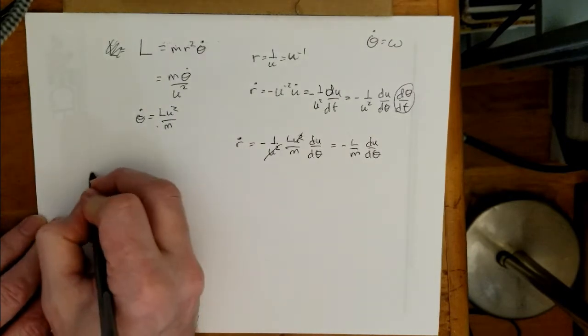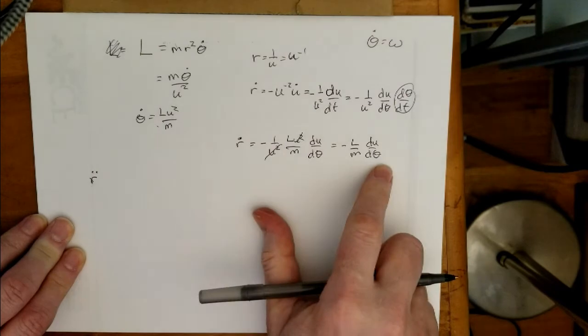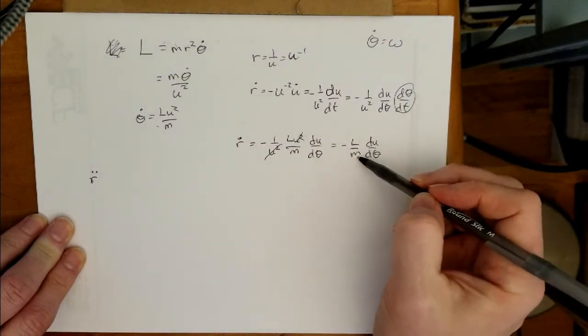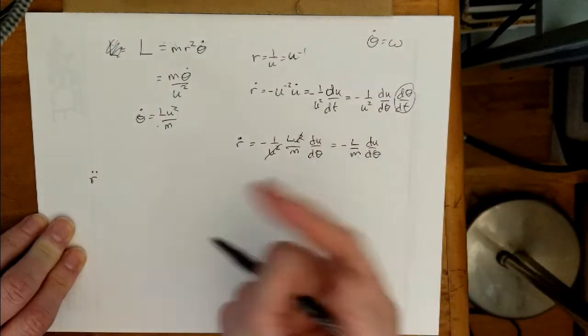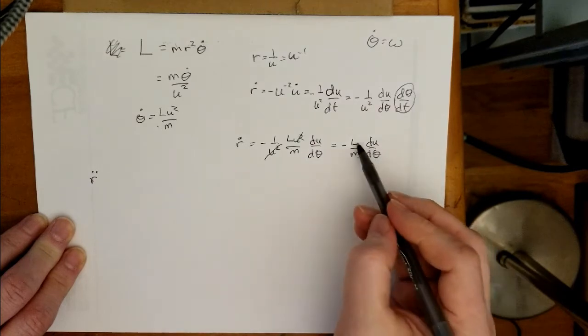R double dot is, well, taking the time derivative of this. Remember that L is a constant, as shown in a different video. m is the mass of the planet, or mass of X, if we wanted to use the language used in another video.